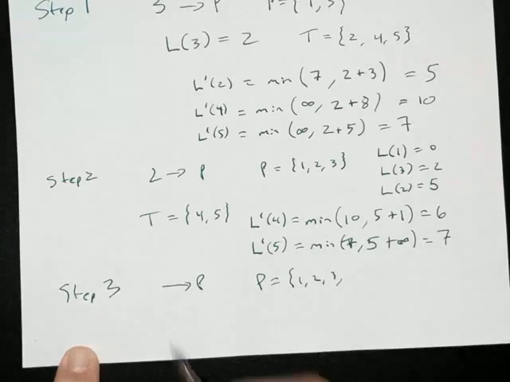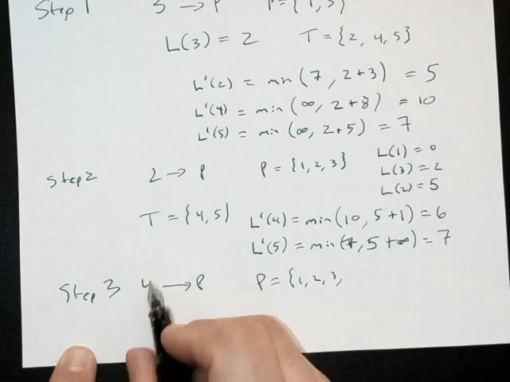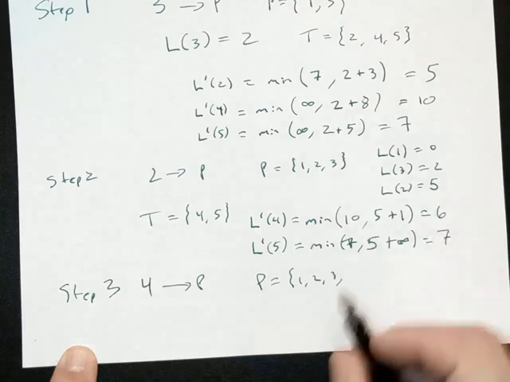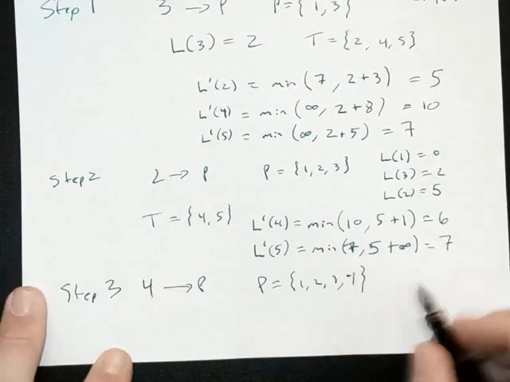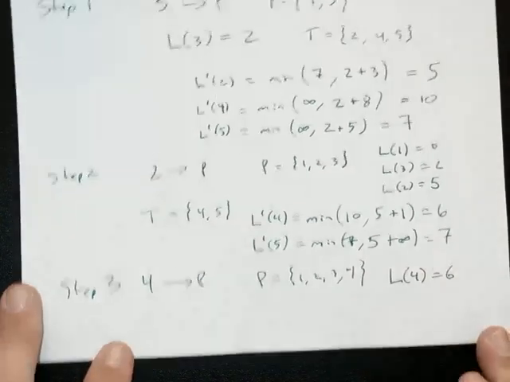What new vertex becomes permanent? The one with the smaller temporary label. So now I change that label to be permanent.